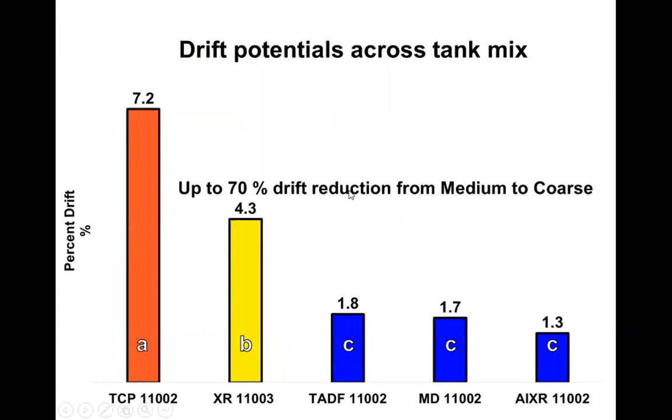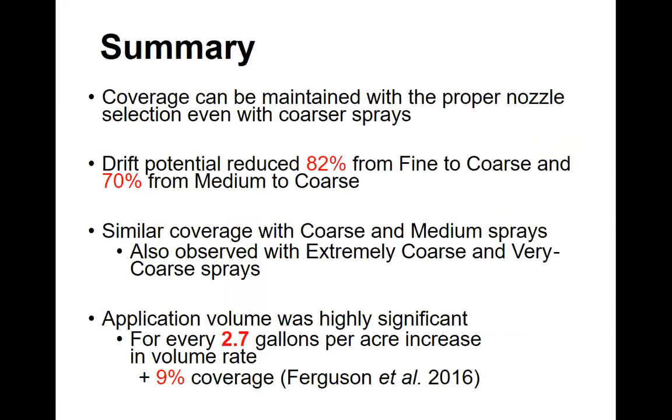There is a 70% drift reduction from medium to coarse droplets. All three of these nozzles here produce coarse droplets. That's how a nozzle tip could change the drift potential during a spray application.